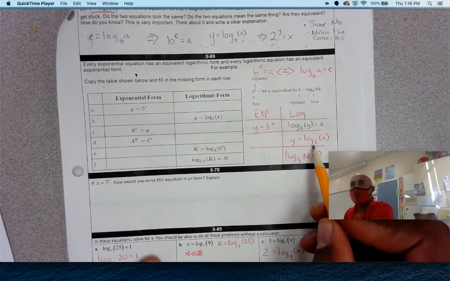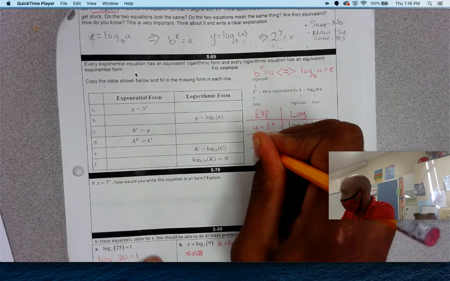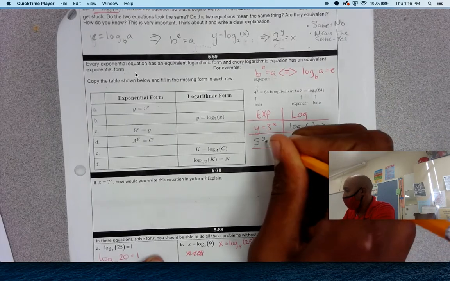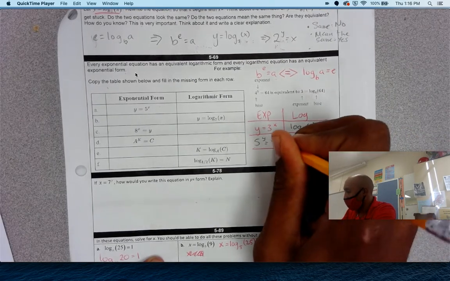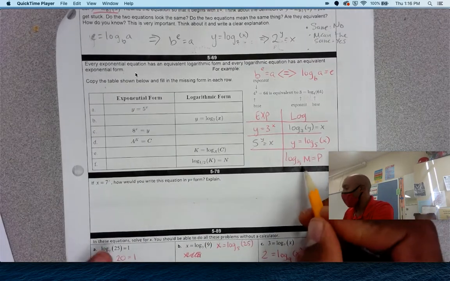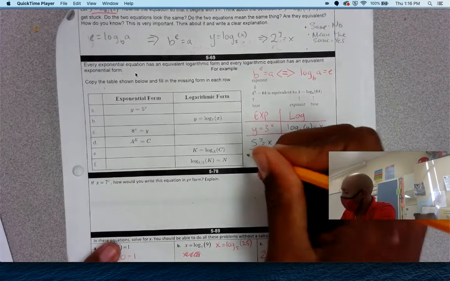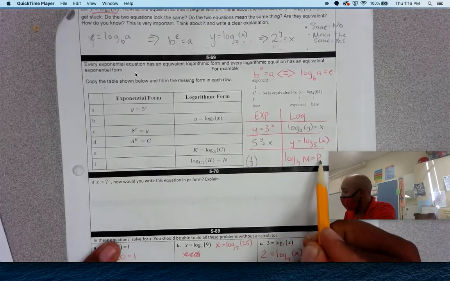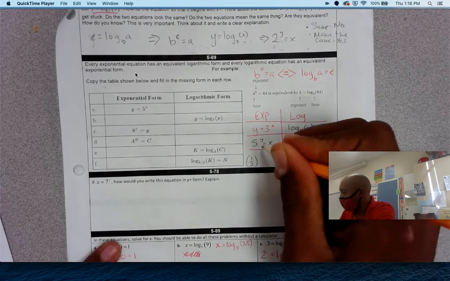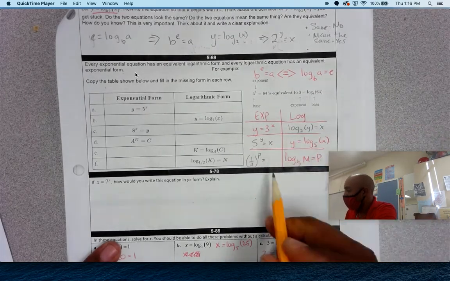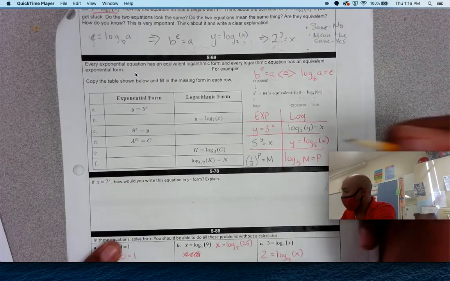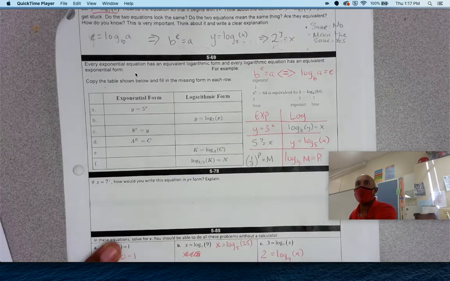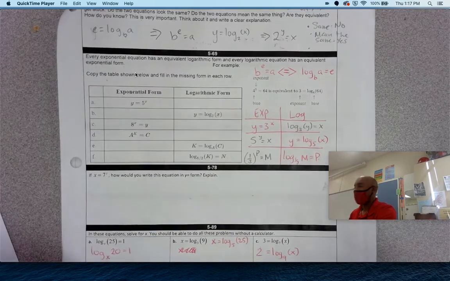Here, if I start with log, I first write my base, which is 5, raised to the exponent y, equal to the a, x. Now this one, 1/3 is my base, and I put that in parentheses. The exponent is the capital P, and that's equal to your a, which is the m in this case. It's pretty much the same thing, you're just putting variables instead of numbers.